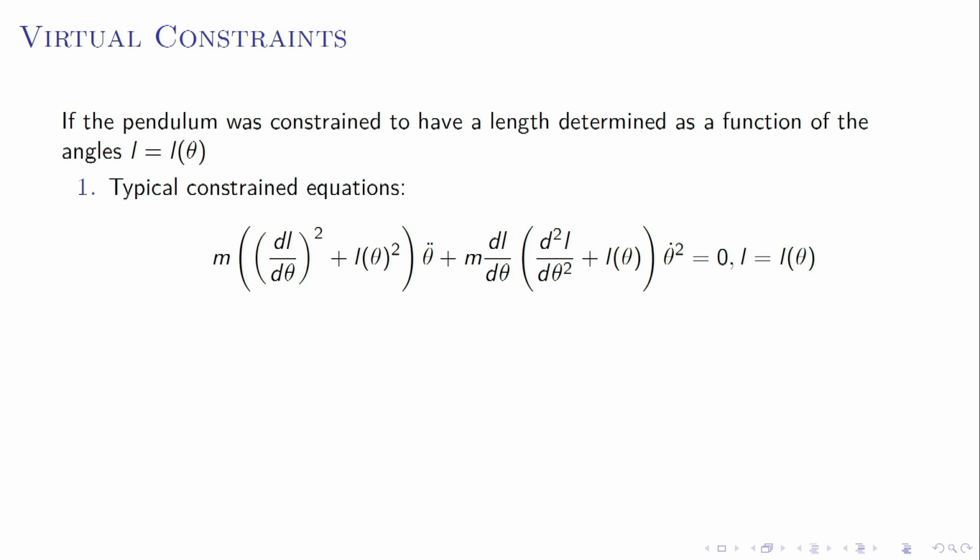So if for some physical reason the length of the pendulum was a function of the angle, then we would be in the situation where you would have holonomic constraints. You'd apply any method that you want to find the holonomically constrained equations, and you would obtain this set of equations. While in control equations, you will still have a system in principle evolving in 2 dimensions, and you have a control force. And that control force you can use to enforce the desired constraint.